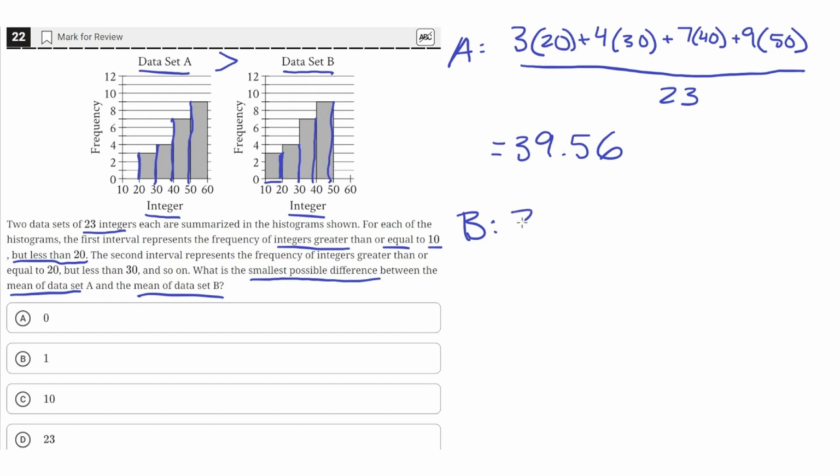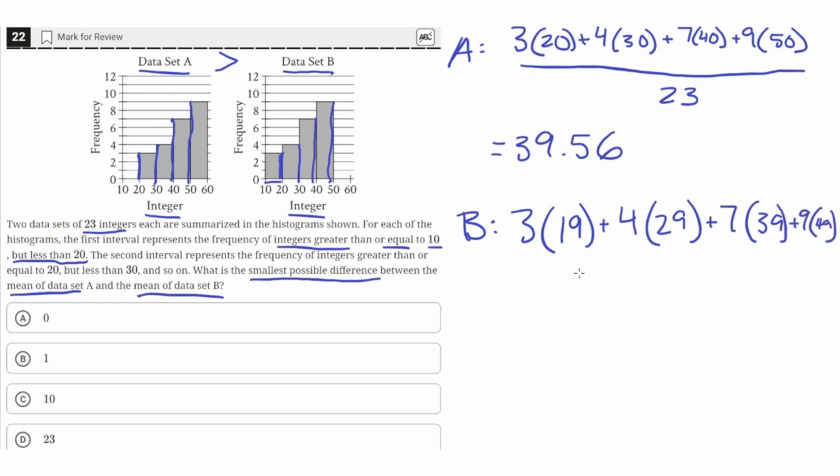So we have 3 19s plus 4 29s plus 7 39s and then plus 9 49s. And we'll divide that by 23 to get the mean, since there are 23 total integers in each dataset.